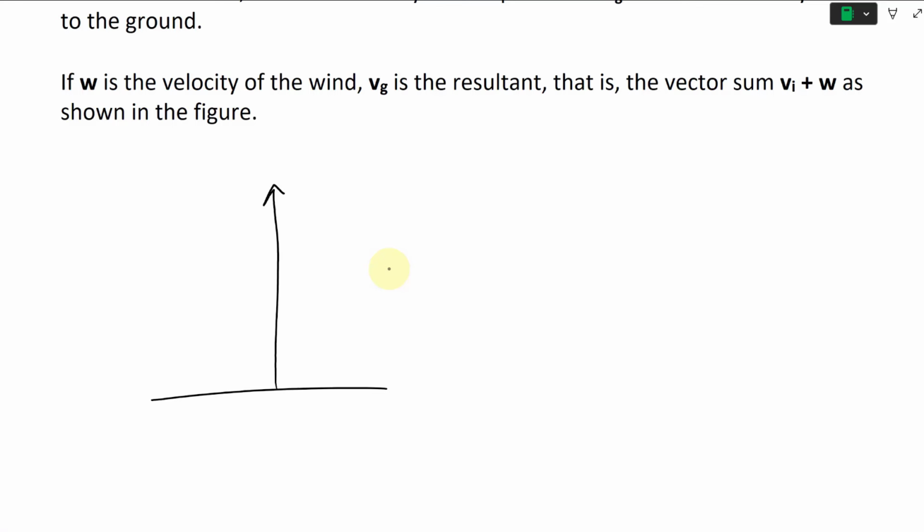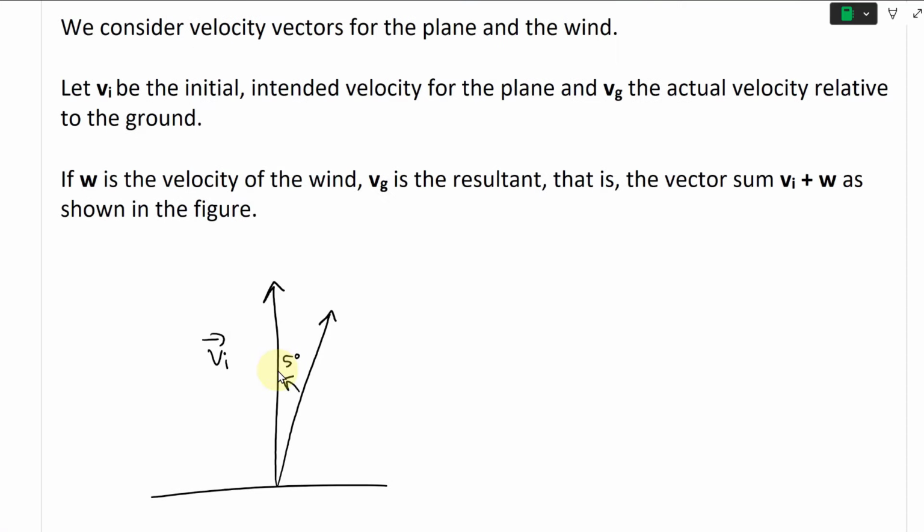This is the intended V_I. But what we end up actually flying towards is 5 degrees off. We end up flying over here at an actual ground velocity, the resultant. And we're going to have a wind direction; I'm going to put a W like this, so that this is a vector sum.